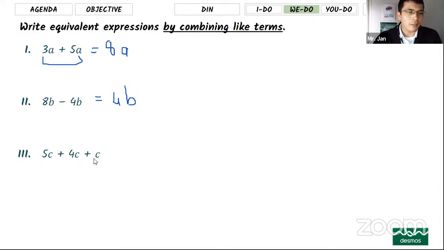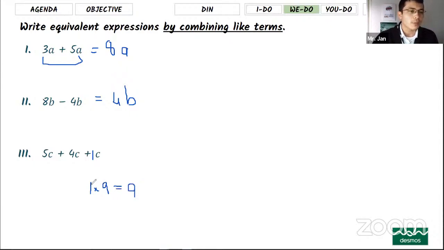If there is no number in front of a variable, we count it as a 1, right? Only one student got it. So if you're not seeing any number in front of a variable, it means it's a 1. We know that 1 times anything, like 1 times 9, is equal to itself.